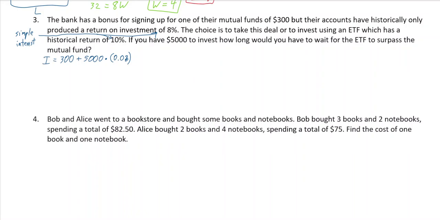But this interest rate happens per year. So I'm going to put a T for time here, or Y for year, actually. Okay, so this is the first situation. The second situation is also I for interest, but there is no bonus, but it is a faster rate. So this is going to be 10% per year.